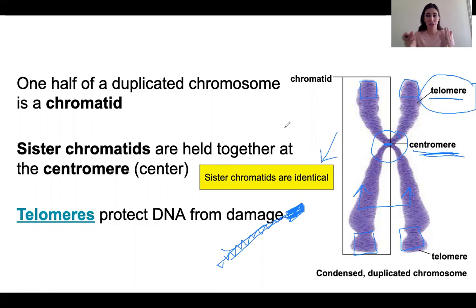And unfortunately, every time the cell goes through a cell cycle, every time the cell divides, and remember, cells divide many times depending on the type of cell. Some cells divide pretty much your entire life. Some cells divide for weeks at a time. But every time a cell goes through a cell division, the telomere is going to get a bit shorter, and then a bit shorter, and then eventually it almost becomes non-existent, and the DNA is going to start to be more prone to being damaged.